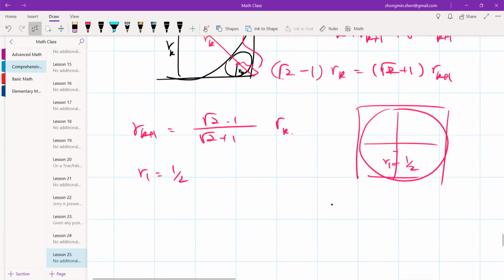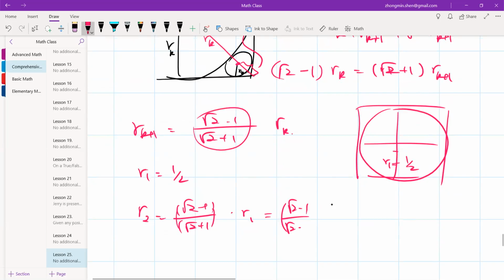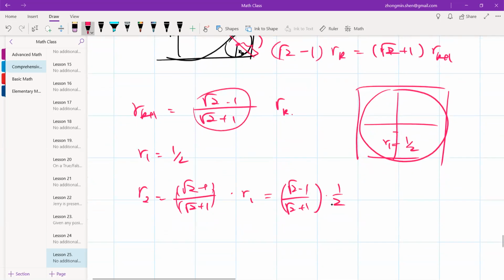Then we get R_2, R_3. So R_2 is going to be this number times R_1. I try to find the general formula, okay? And keep going.